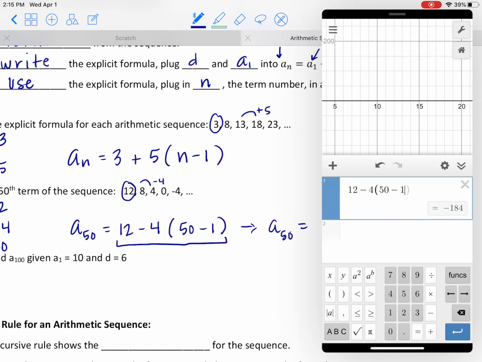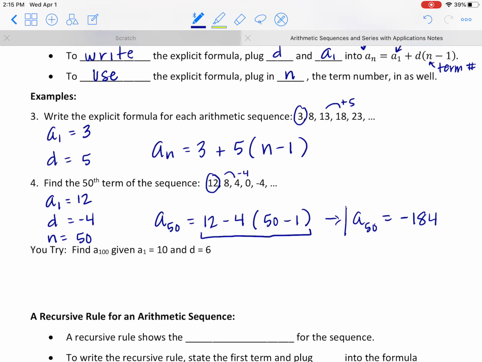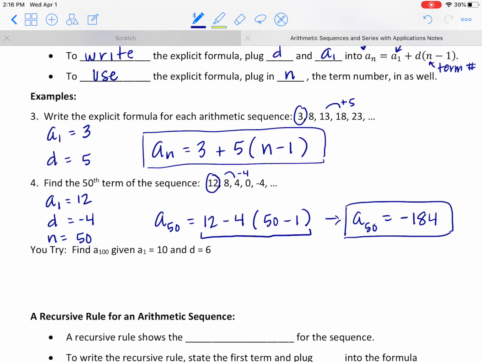Now, it's not that that's hard work to do by hand, but it's one less place to make a mistake if you just go ahead and put the whole thing in the calculator. So 50 minus 1, and the 50th number on this list would be negative 184. So we would say a sub 50 equals negative 184, okay? So we were asked to find the term number here. There it is. We were just asked to write the sequence here, and there it is.